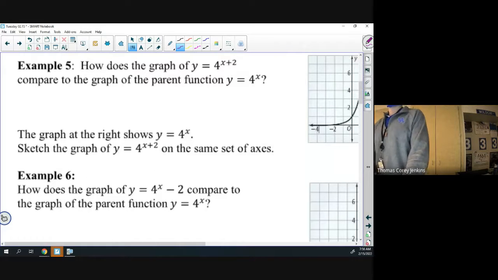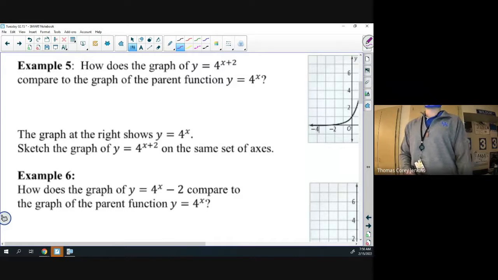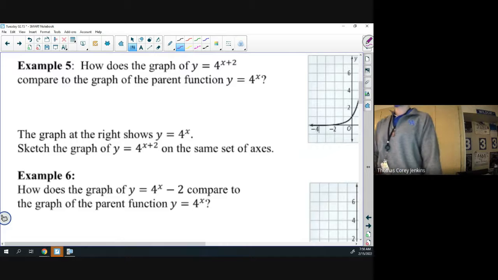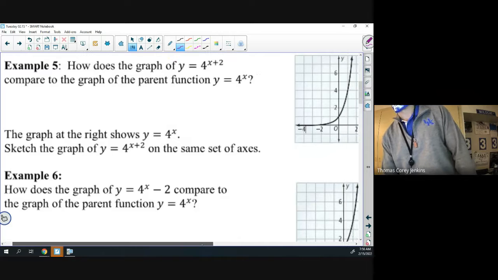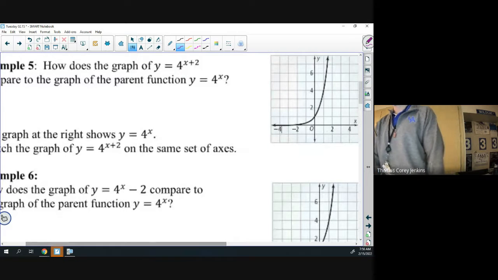It says, how does the graph of y equals 4 to the power of x plus 2 compare to the graph of the parent function y equals 4 to the x? All right, so what we have on the graph there is y equals 4 to the x.